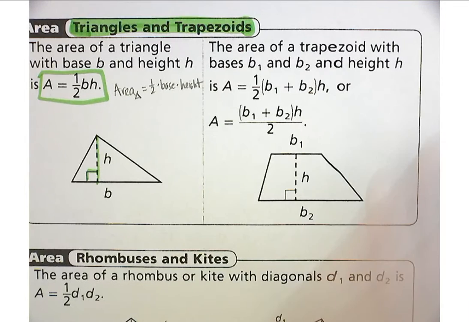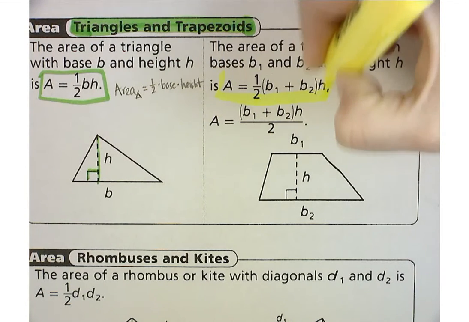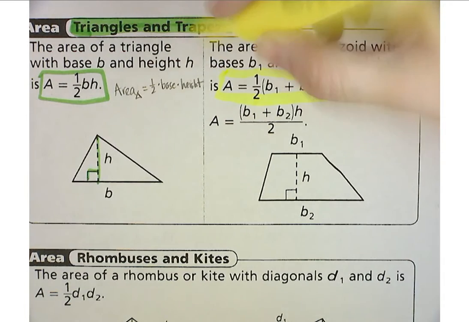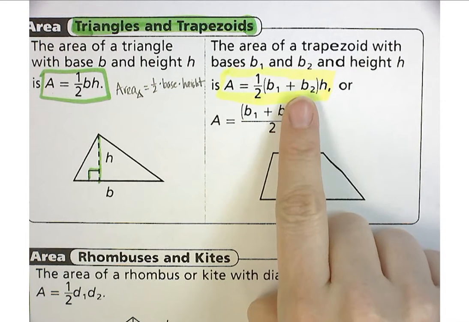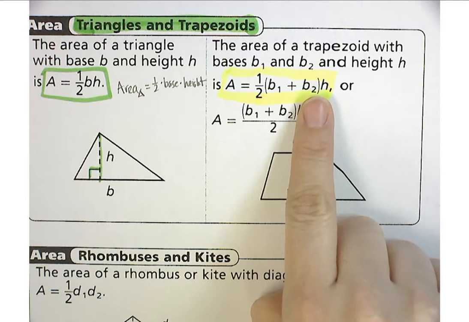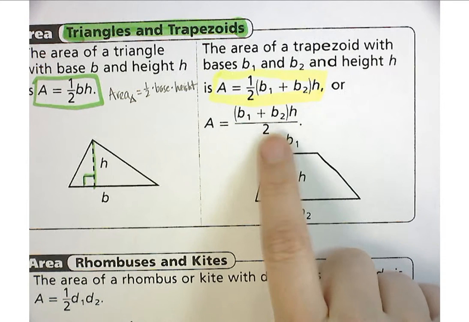A trapezoid is a quadrilateral. You can have an isosceles trapezoid or a right trapezoid, but your equation for the trapezoid is going to be 1/2 the sum of the two bases times the height, or you might do the sum of the bases times the height divided by 2.